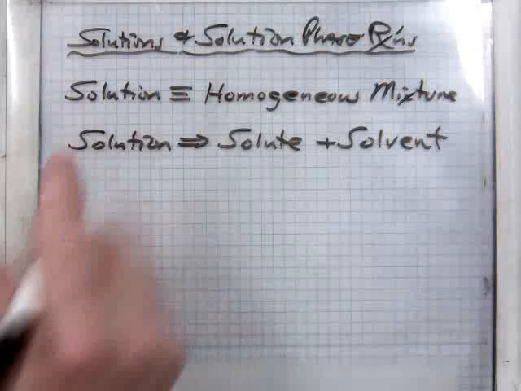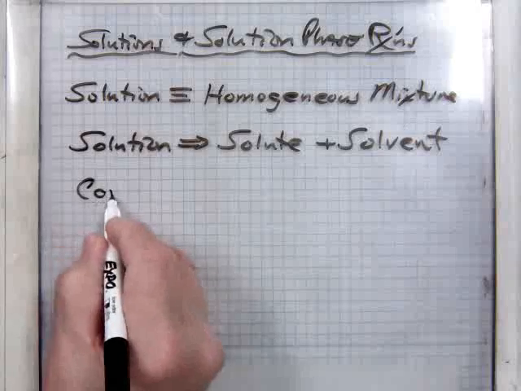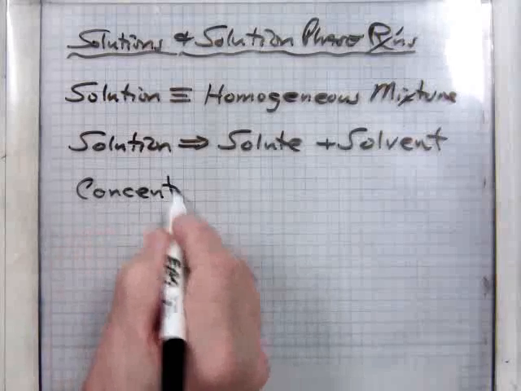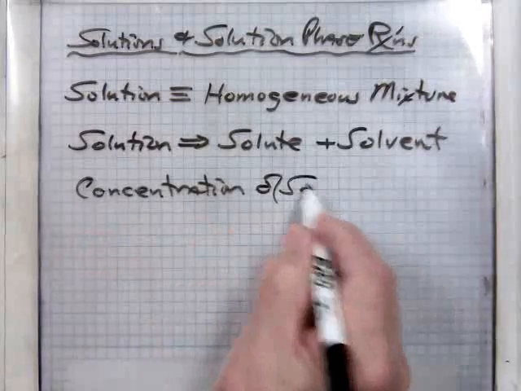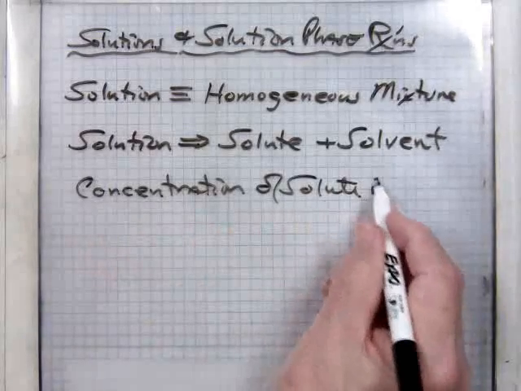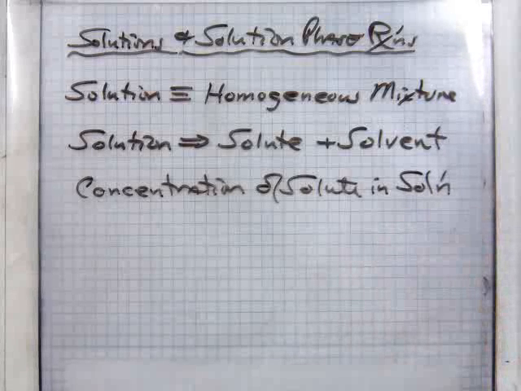So that leads us to how are solutions defined. They're defined in terms of, in this case, concentration terms. Concentration of solute in solution. And I'll abbreviate solution as given right there.